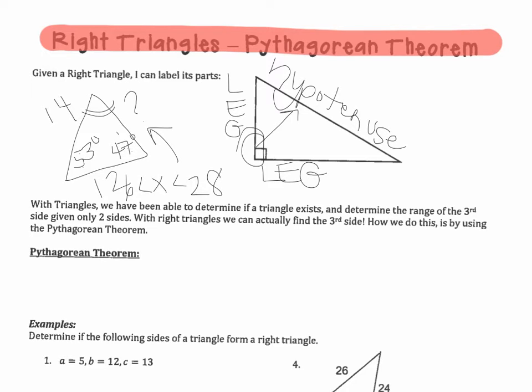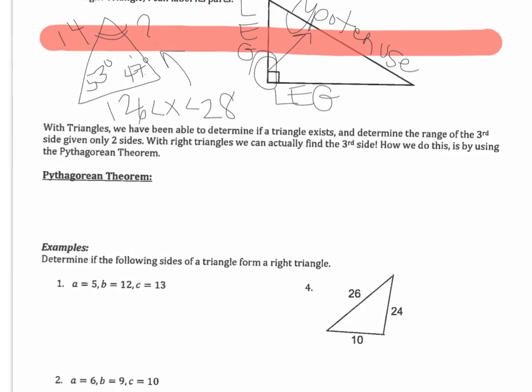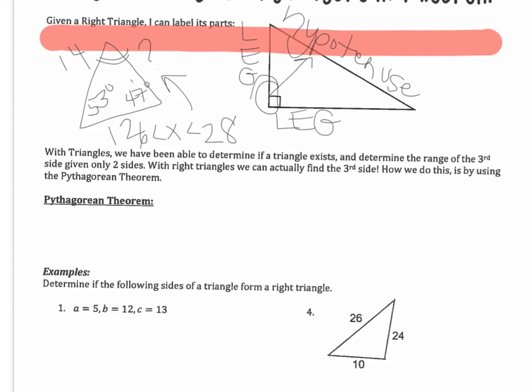Okay? With right triangles, we have a way you can actually find the third side. How we do this is by using what's called the Pythagorean theorem. So if I scroll up, oh, and that didn't erase, but that's okay. We'll just keep scrolling here. So I can highlight where it says Pythagorean theorem. Okay. Pythagorean theorem was developed by a man named Pythagoras. Pythagoras was clearly self-centered when he named this theorem after himself.